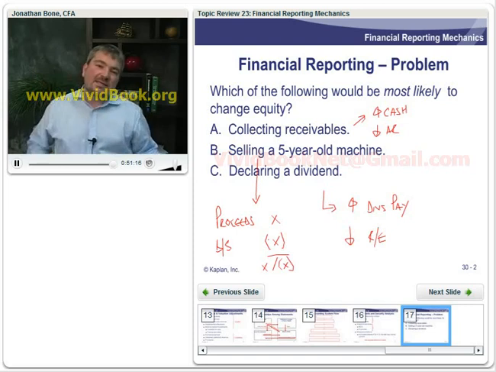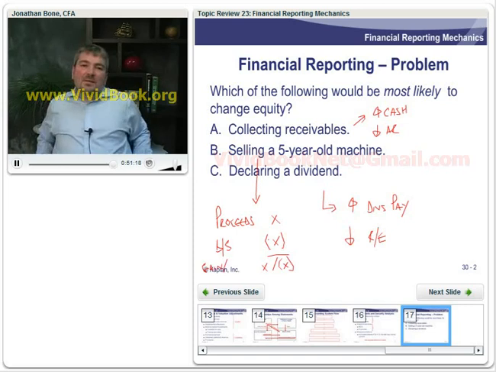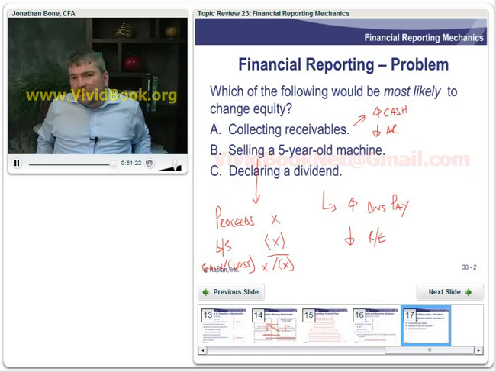So if the proceeds are greater than the carrying value at the moment of disposal, you get a gain. If the proceeds are lower, you get a loss. Of course, theoretically, if the proceeds equaled the carrying value, there would be no gain or loss. Nothing would go through the income statement, so retained earnings would be unaffected.